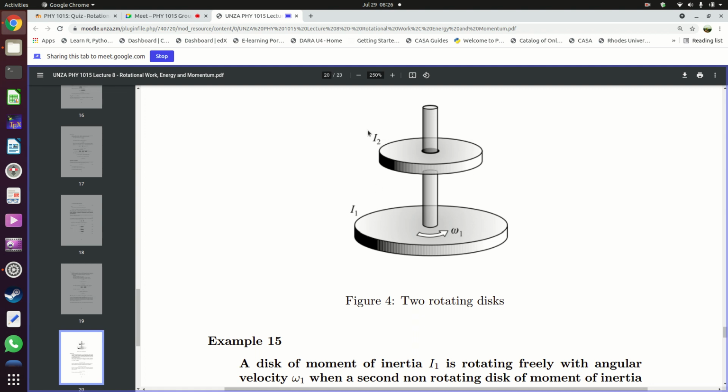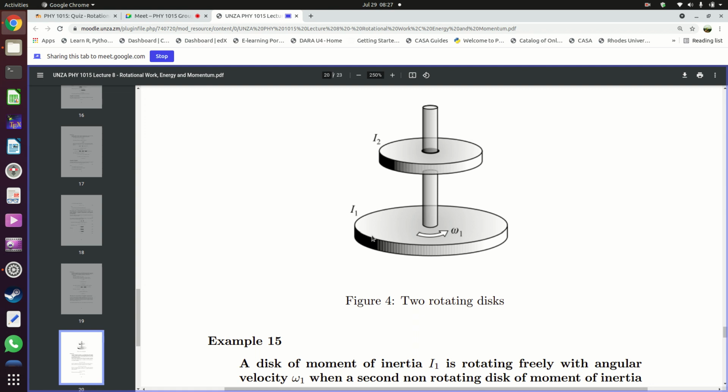Disk 2 is being dropped onto disk 1. Initially disk 1 is rotating with omega, and disk 2 is not. Since disk 2 is not rotating in any way, it does not have any angular velocity, therefore there is no angular momentum associated with it.